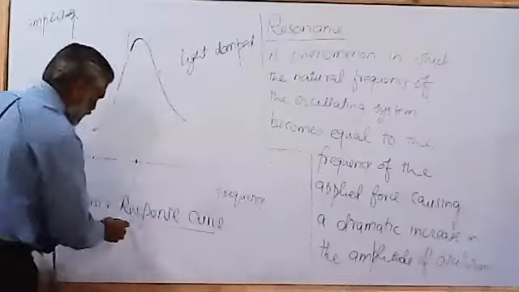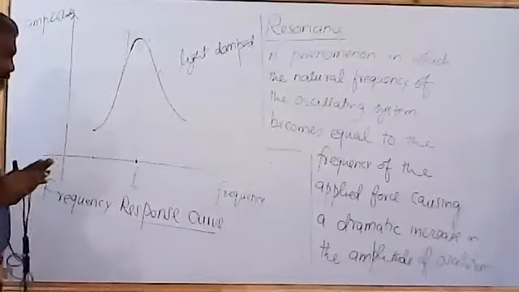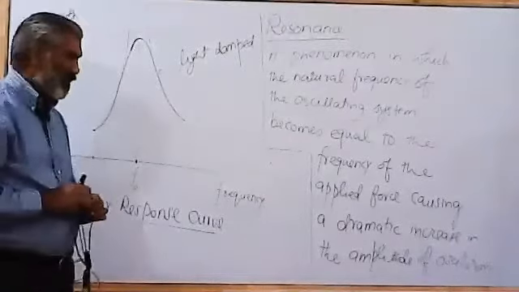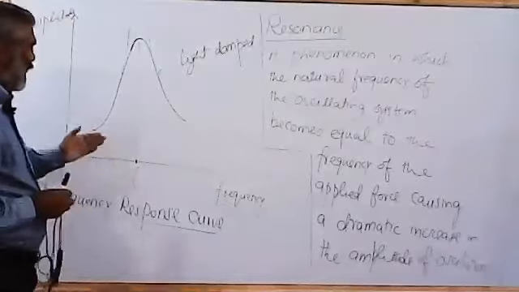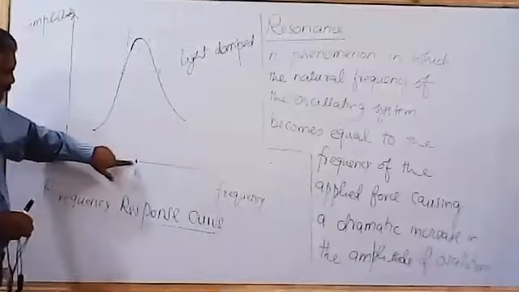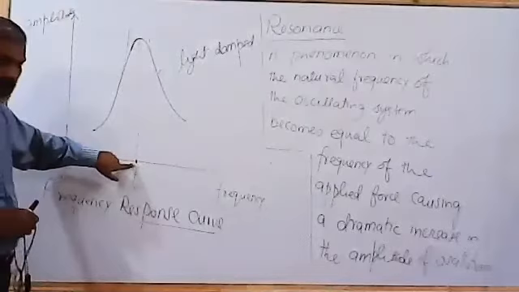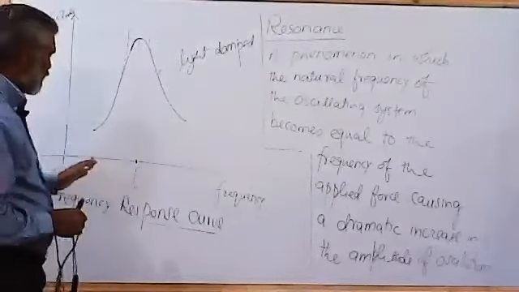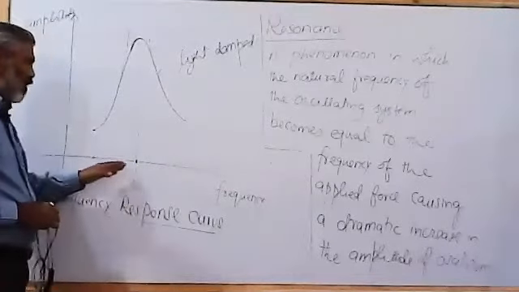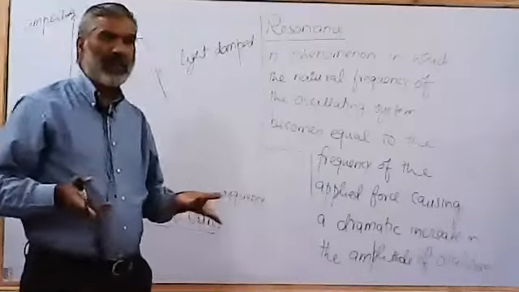This curve tells us, even if they have not given us any information about the natural frequency of oscillation of the system, and they have given us this curve with these values, we can infer from this graph that this must be the natural frequency of the system, because although we can change the frequency of the applied force, we cannot change the natural frequency of the system as long as the system is unchanged.